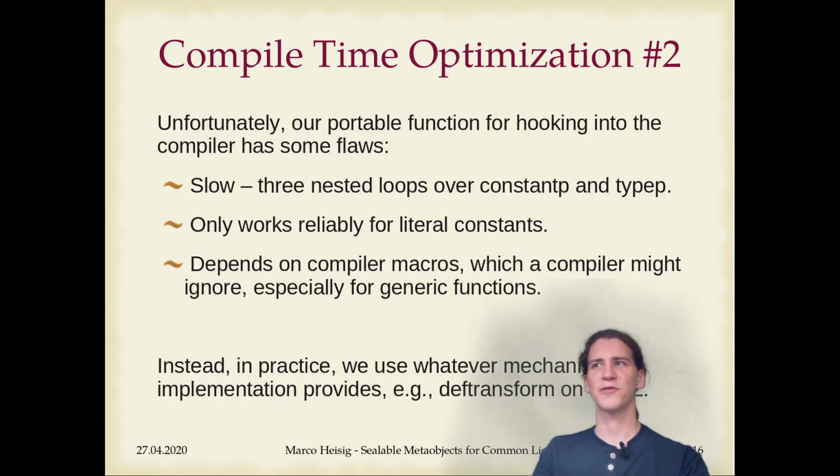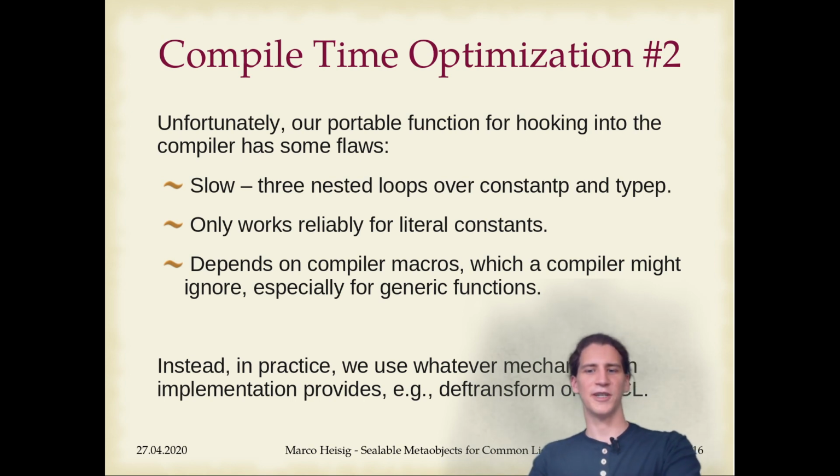If you think this looks too good to be true, you are unfortunately right. There are several flaws with this portable implementation. One being it's of course slow. I've shown three nested loops over constantp, typep, and eval. But the bigger problem is in practice it only works reliably for literal constants.